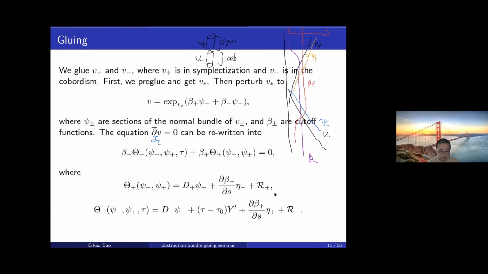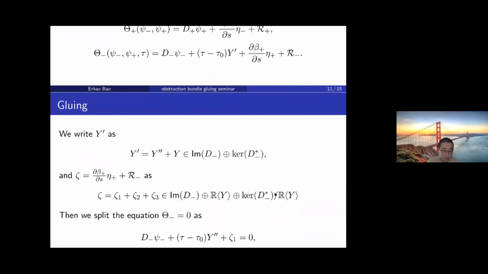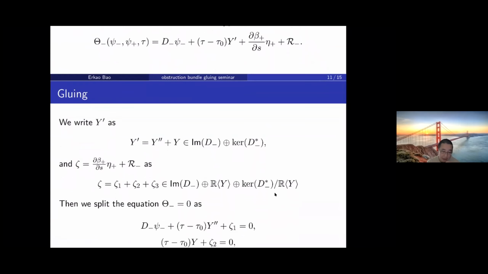The first equation is nice because d bar is transverse, so you set it equal to 0 and you can solve it. The second one you cannot always solve. So what we'll do is we solve as much as possible.